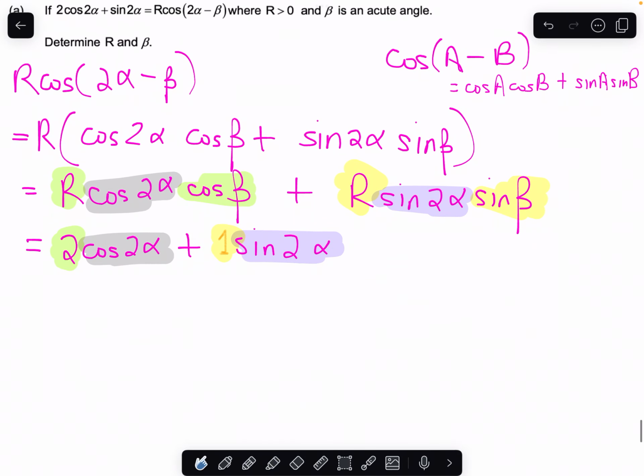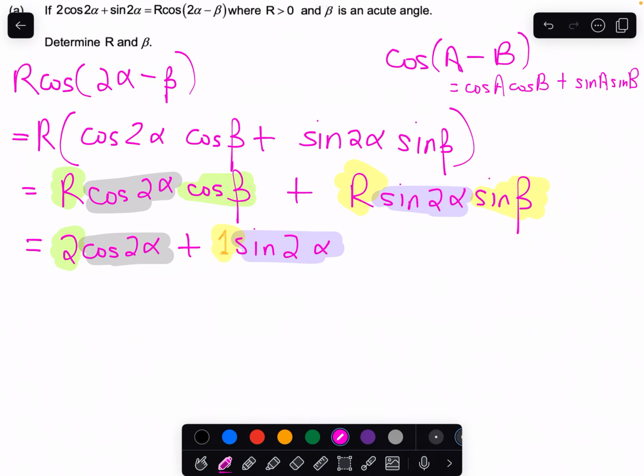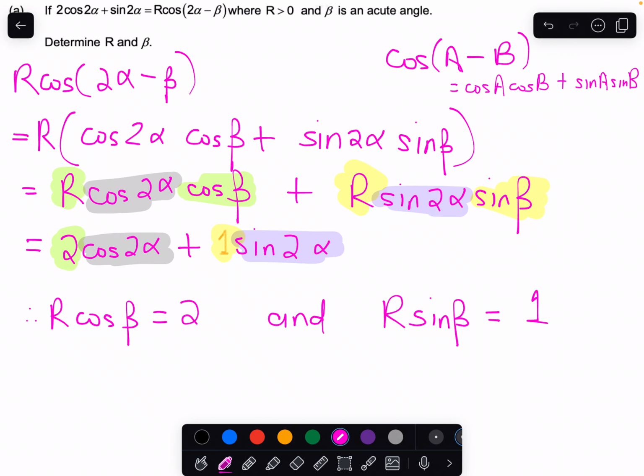So this gives us simultaneous equations, where r cos beta needs to be equal to 2 and r sine beta needs to be equal to 1.